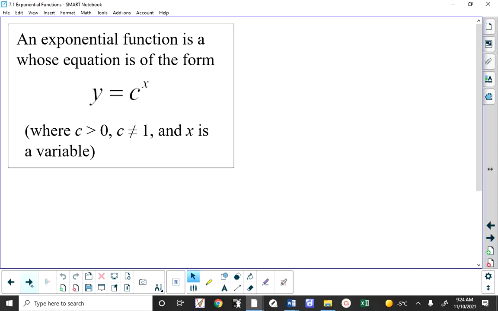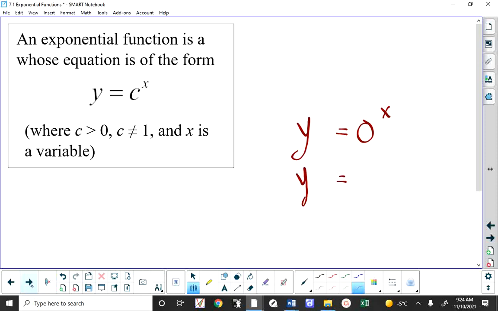So why is c not allowed to be 0? Well, if c is 0, then you would have this as a function, and 0 to anything other than 0 is 0, and this is not an exponential function. It's a polynomial function of degree 0. It's a constant function.